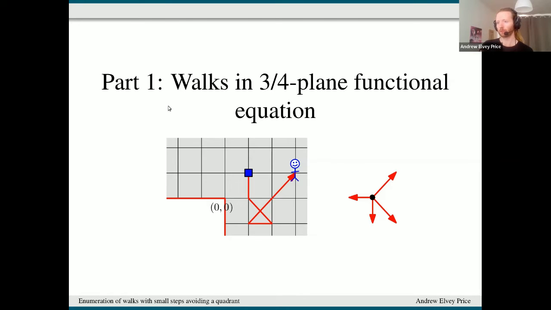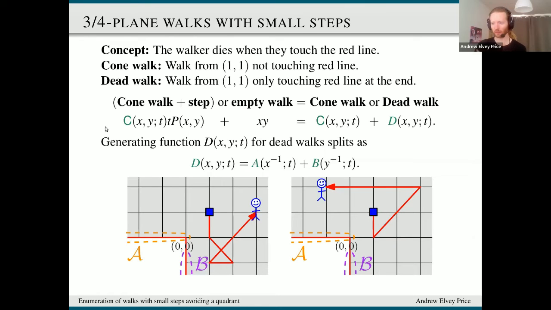So, to derive a functional equation, to start with, I'm going to call the walks that we're interested in cone walks. Cone walks will be the ones that don't touch the boundary at all. And then to derive a functional equation, I need to define something which I'll call dead walks.